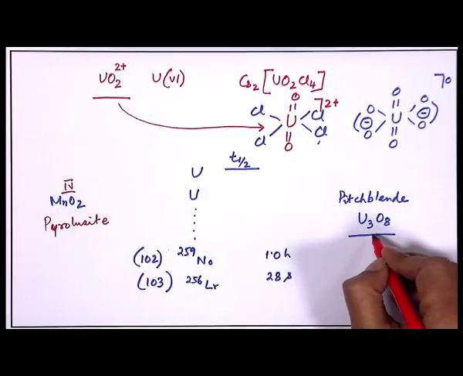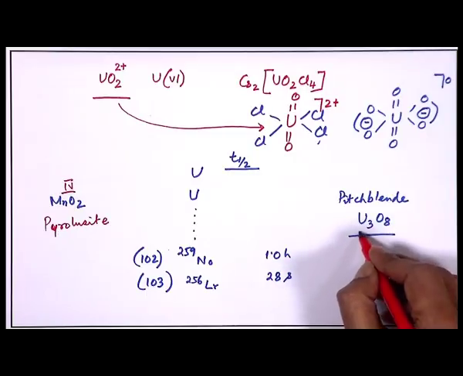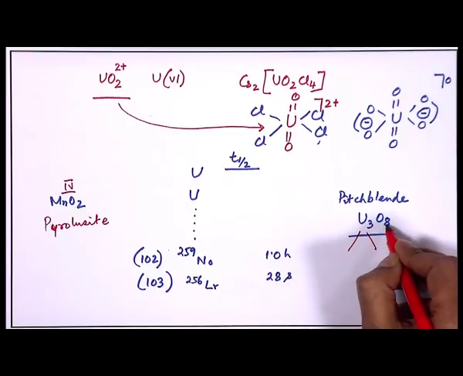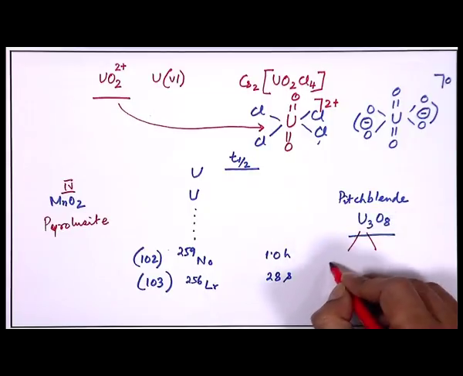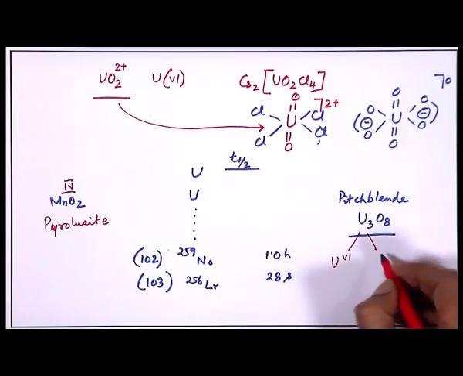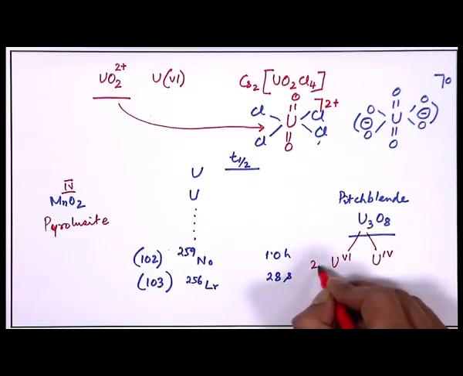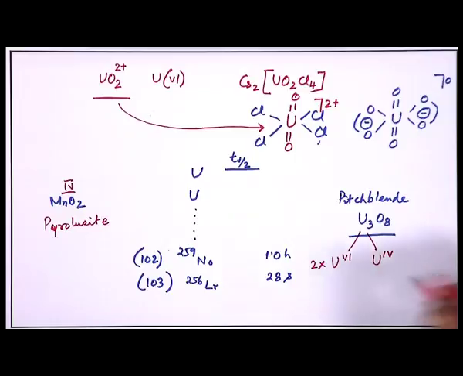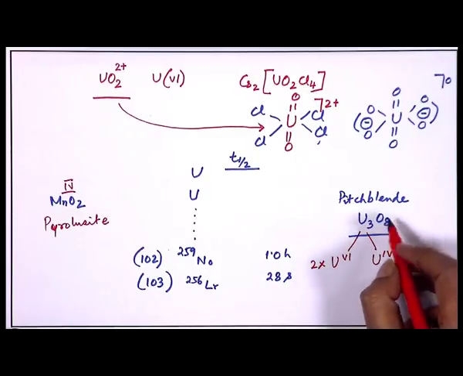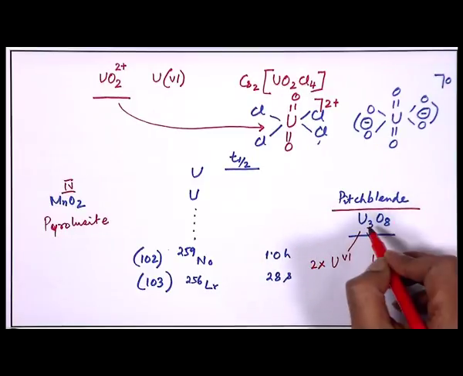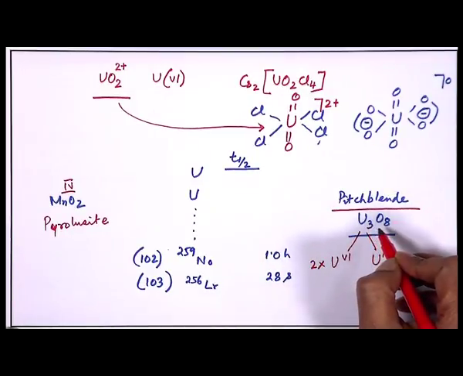So what about these? These definitely are stabilizing. We have to balance 8 into 2, that means 16 negative charges. How can we balance them? By the presence of hexavalent and tetravalent uranium: 2 of them as uranium hexavalent and 1 as tetravalent. So, we always get that in pitchblende, which is our source for nuclear fuel isolation.